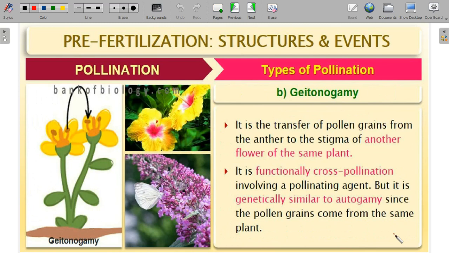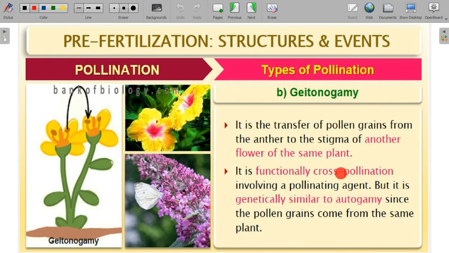How to overcome this? For this, we have another mechanism called geitonogamy. Same plant but different flower. It is a type of self-pollination only. But since it is also an exposed flower, they can go for cross-pollination also. It is a transfer of pollen grains from the anther to the stigma of another flower of the same plant.